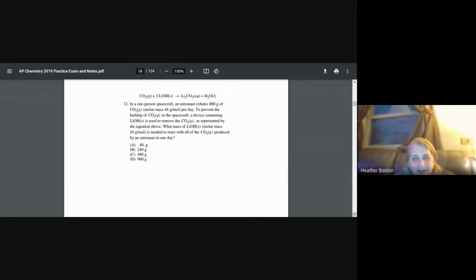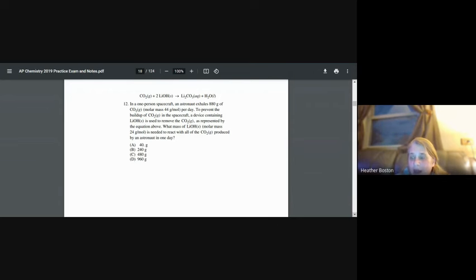If you can't do it in your head, obviously you'd write it on paper underneath, but your first step is 880 divided by 44 to get 20. So now you have 20 moles of carbon dioxide. But look at the balanced chemical equation. For every 1 mole of carbon dioxide, you need 2 moles of lithium hydroxide.